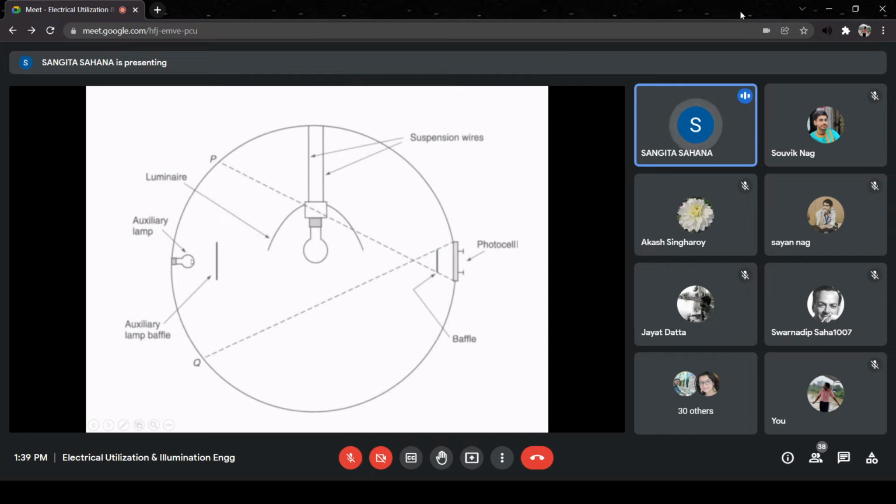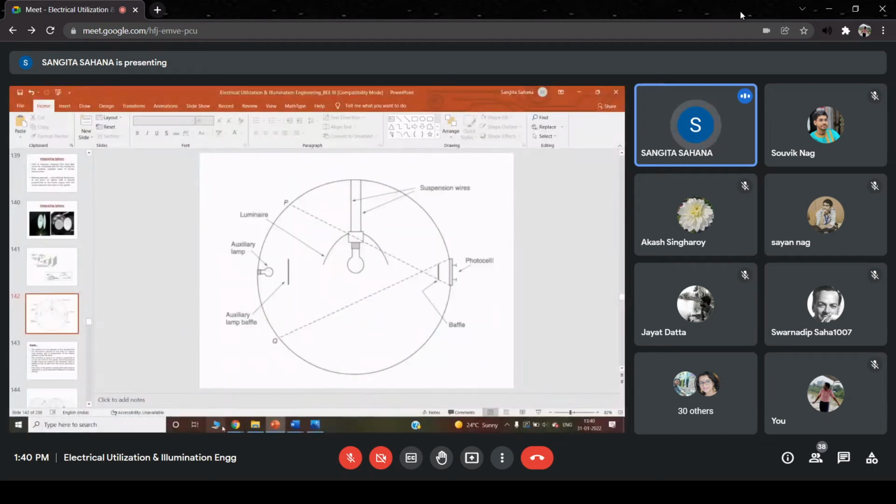Then there is one auxiliary lamp here, a small lamp which is part of the instrument itself. There is one baffle just to cover the auxiliary lamp. Then there is another baffle just before the photocell to cover the main lamp. The photocell is placed at the boundary.